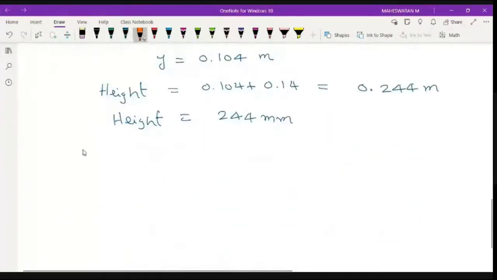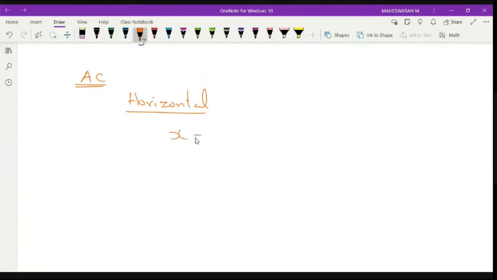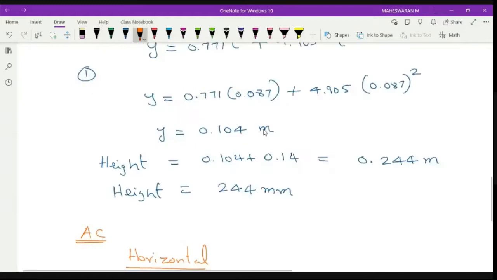The next one is AC. Same procedure. We know the horizontal velocity, so x is equal to ux into t, same formula. But the x value is changing now.